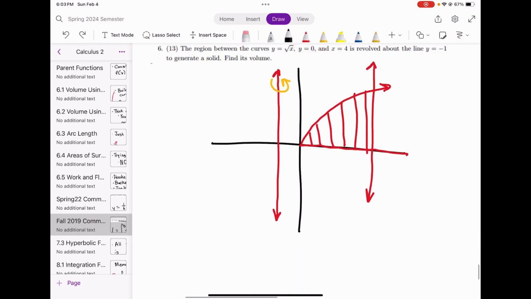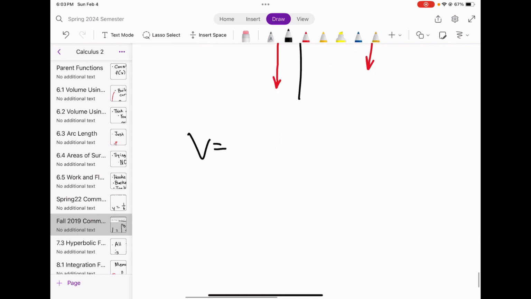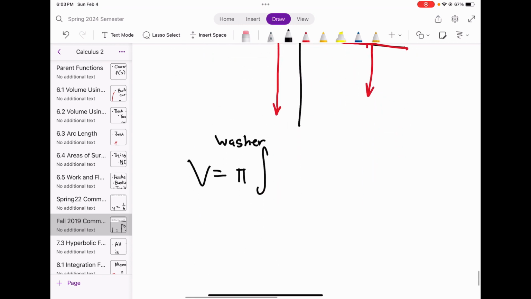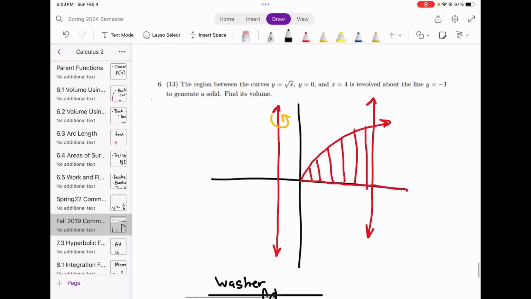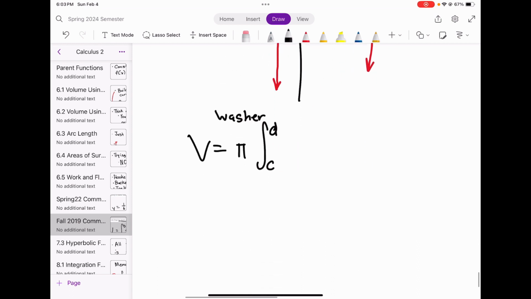Okay, so let's write down our formula. V is equal to, and this is going to be washer. Let me write that down. Washer. V is equal to pi, the integral from C to D, right? Since this is parallel to the y-axis, we're going to be using dy.